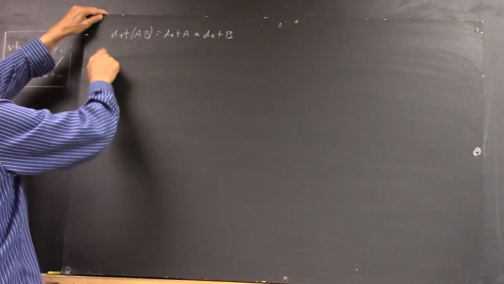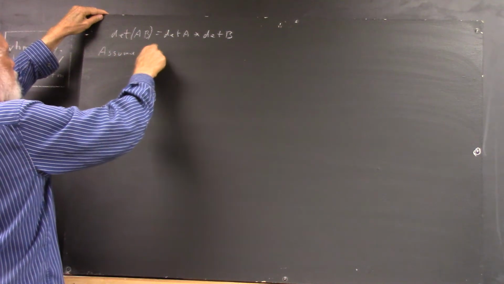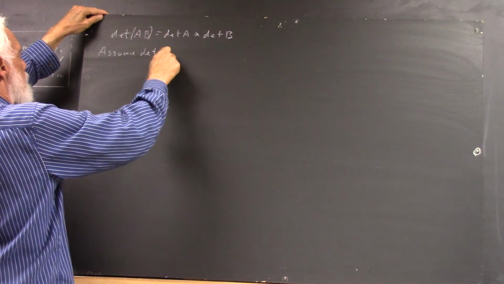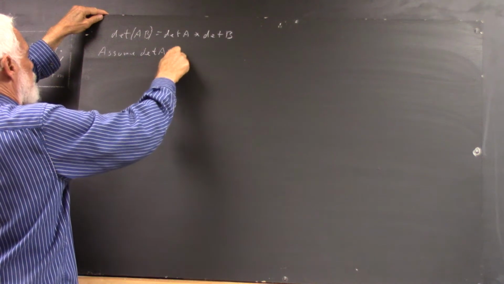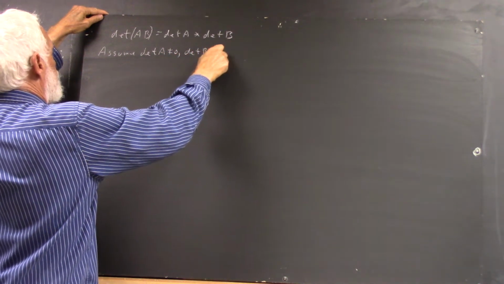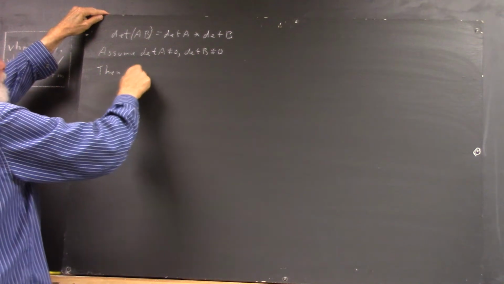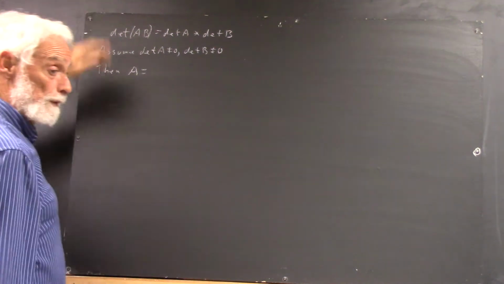First of all, assume the determinant of A is not 0, the determinant of B is not 0. Then A is a product of elementary matrices.